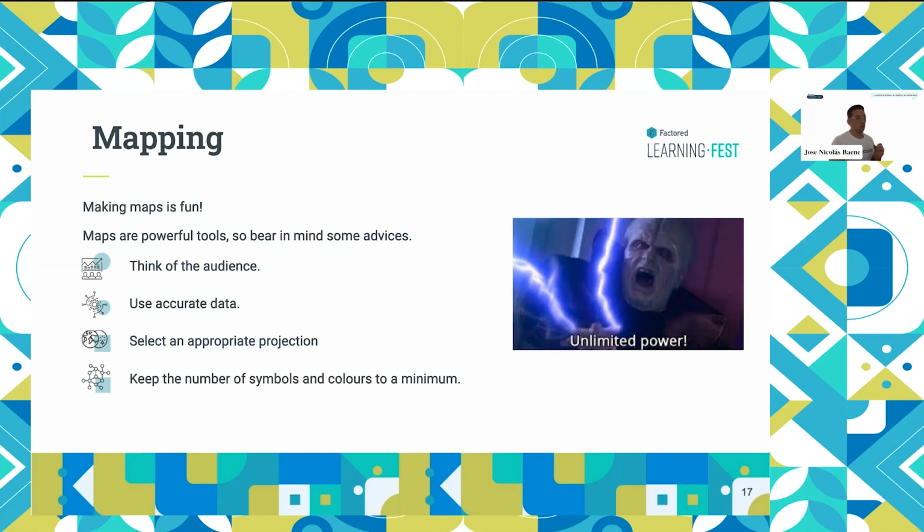This is a specific advice: keep the number of symbols and colors very simple, because the human mind can get confused very quickly, and if you start overloading a map with a ton of stuff, then people won't understand what you're trying to do. And remember that every map and every visualization always has an opinion.